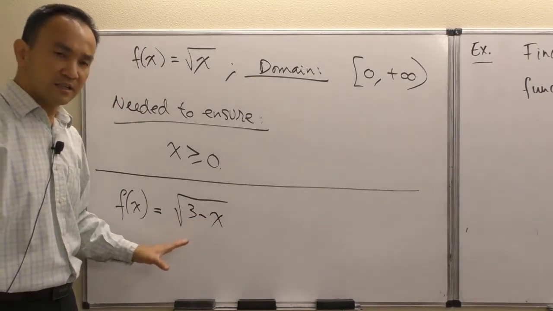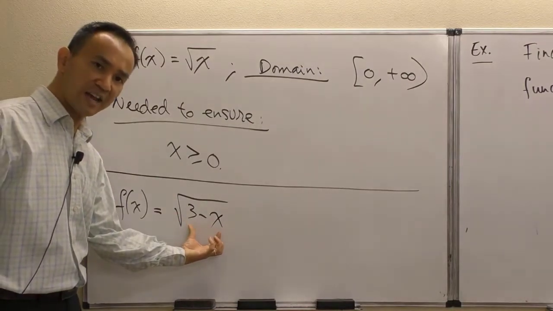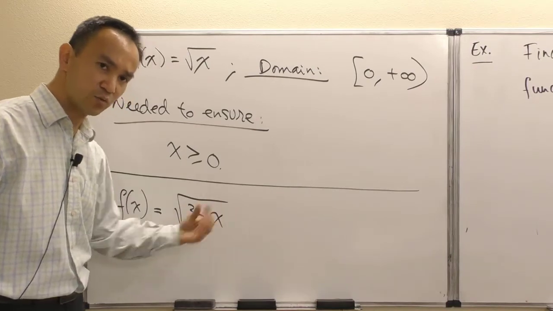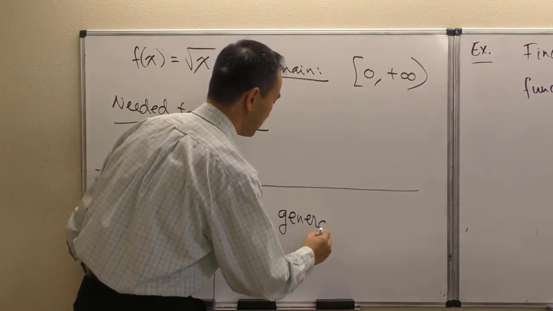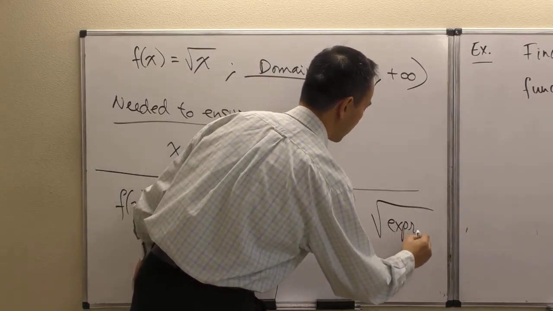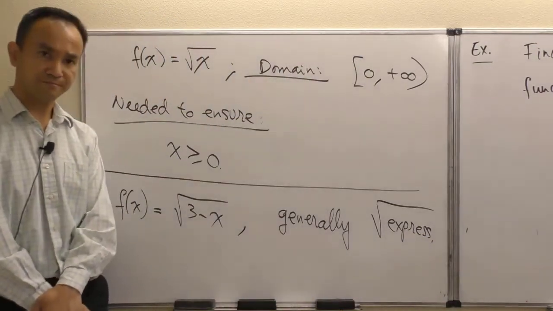It's not as simple as the square root of x anymore. Rather than being an x, here it's 3 minus x, an expression inside the square root. Or generally, a square root of some expression.